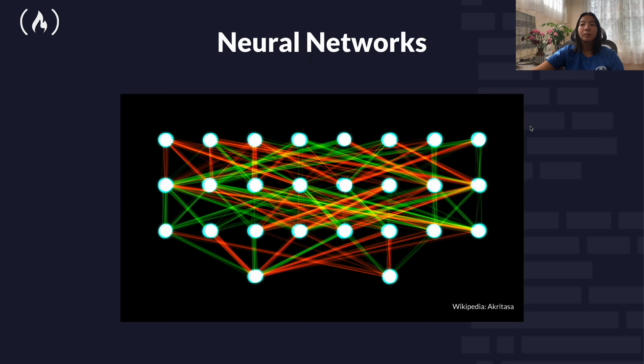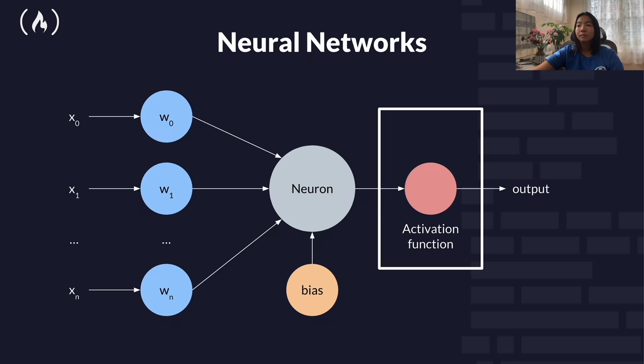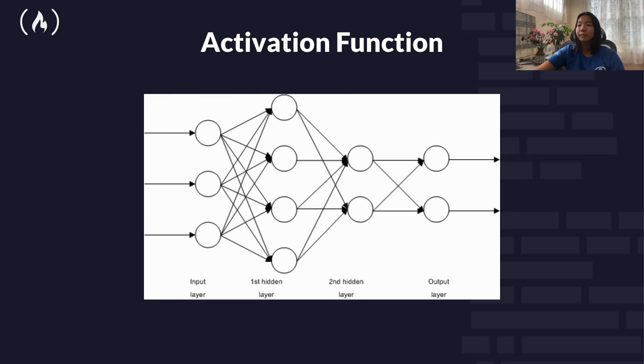Now a whole network of them would look something like this. So I kind of glossed over this activation function. What exactly is that? This is how a neural net looks like. If we have all our inputs here, and let's say all of these arrows represent some sort of addition, right? Then what's going on is we're just adding a bunch of times. We're adding some sort of weight times these input layers a bunch of times.